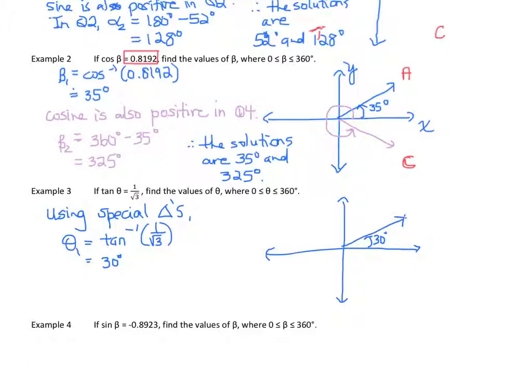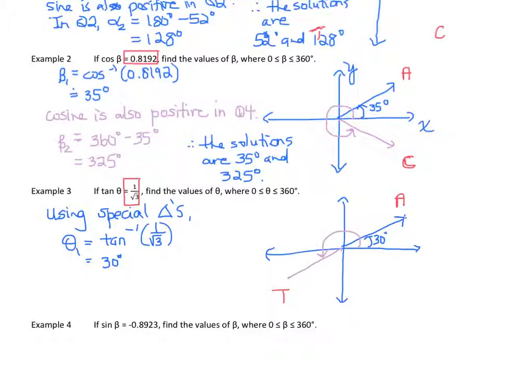Okay, and following the similar process to before, look back at the question. The tangent ratio is positive. Using the cast rule, we know that tan is positive not only in quadrant 1, but also in quadrant 3. So we have another solution to this question in quadrant 3, right here.